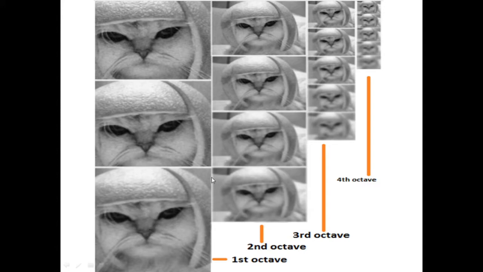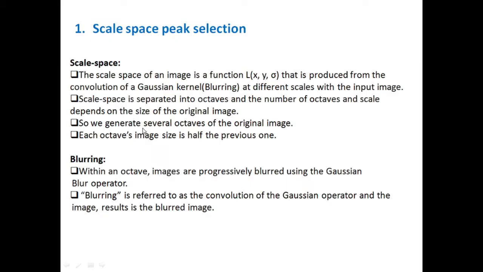If the original image is very big, I can develop more octaves and also more scales. We generate several octaves of the original image, and each octave image size is half the previous one.